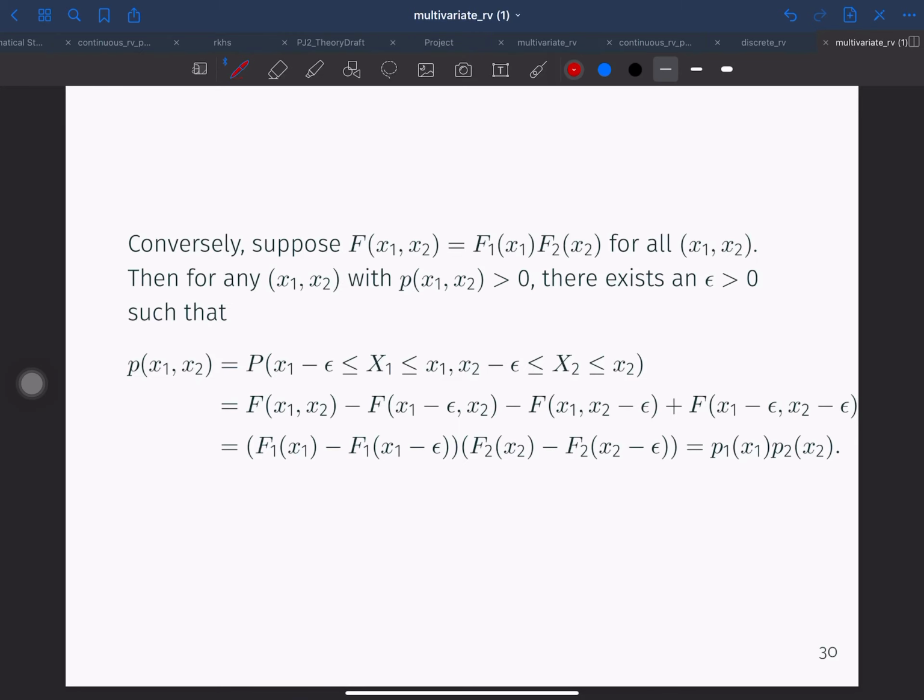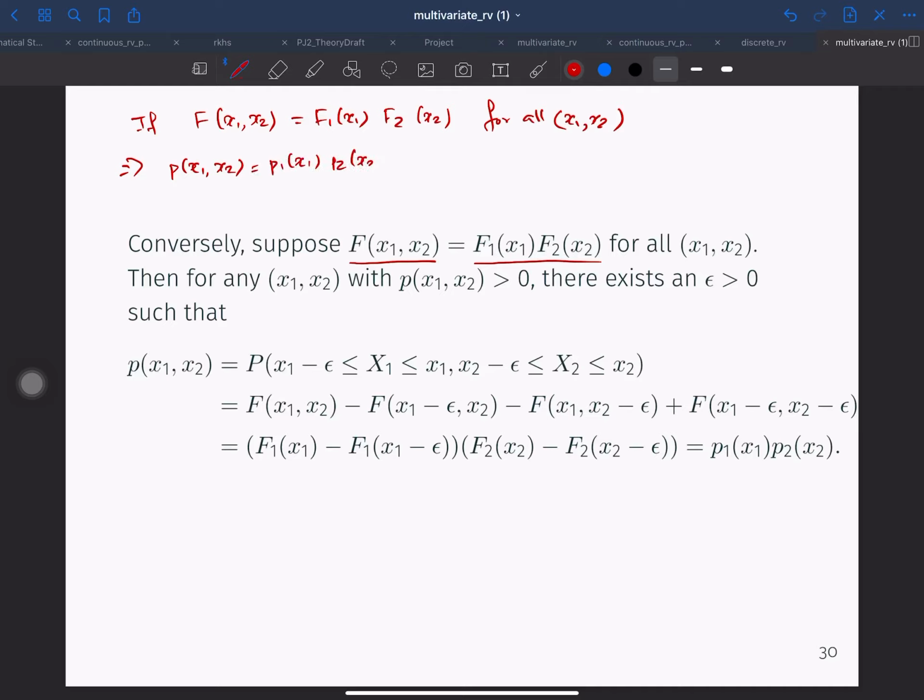Conversely, suppose that the joint CDF is indeed the product of the marginal CDFs. Then we need to show that if this is true for all x1, x2, we want to show that this implies that P of x1, x2 equals P1 of x1 times P2 of x2.